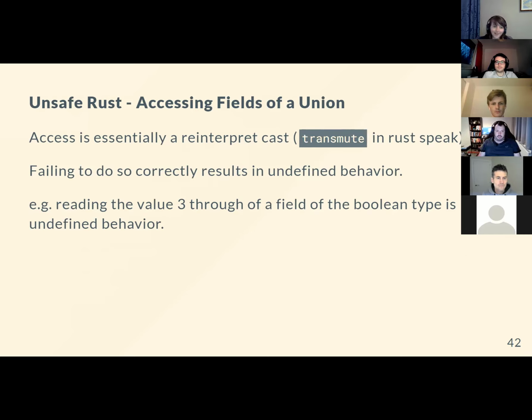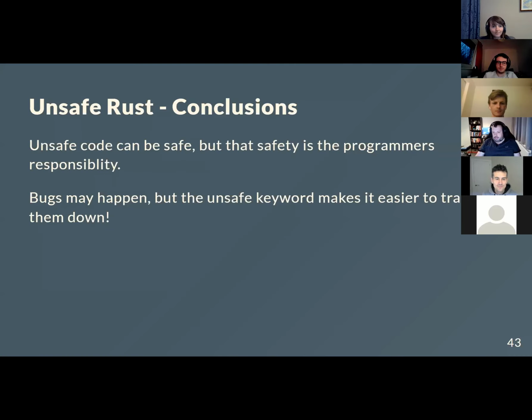If you put in one type and you try and get out a different type, you don't know what you're going to get. For example, the example they give is reading the value of 3, but saying this value of 3 is a Boolean. Well, I don't know how you convert 3 to a Boolean, but we'll have to wait and see. If you try and reinterpret those bits as a Boolean, then anything really could happen.